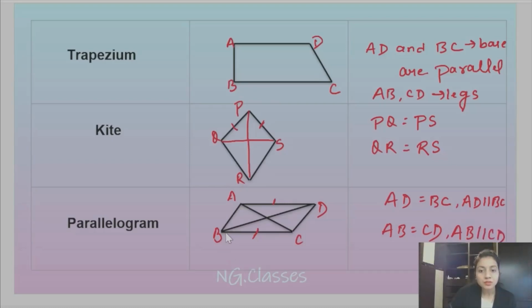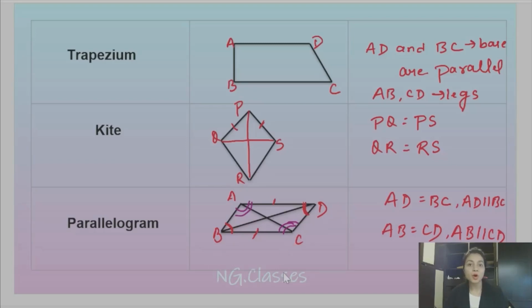And also the opposite angles are the same. So angle ABC and angle ADC are the same, and angle BAD will be the same as angle BCD.